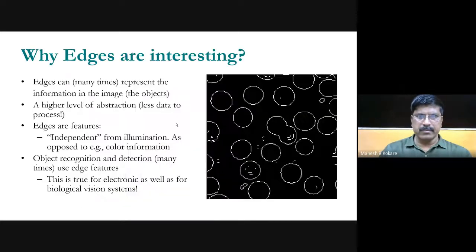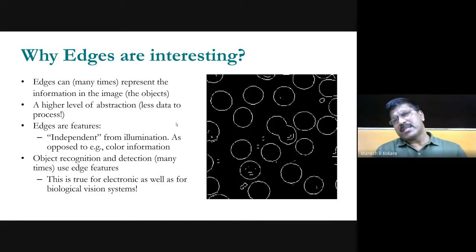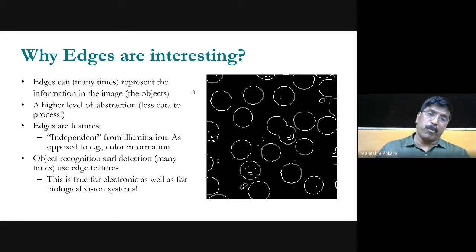Now, why are edges interesting in computer vision? You will find that the low-level features in computer vision are basically texture, color or shape. Out of these three low-level features, shape is one of the important features, and even human beings recognize objects based on shape.